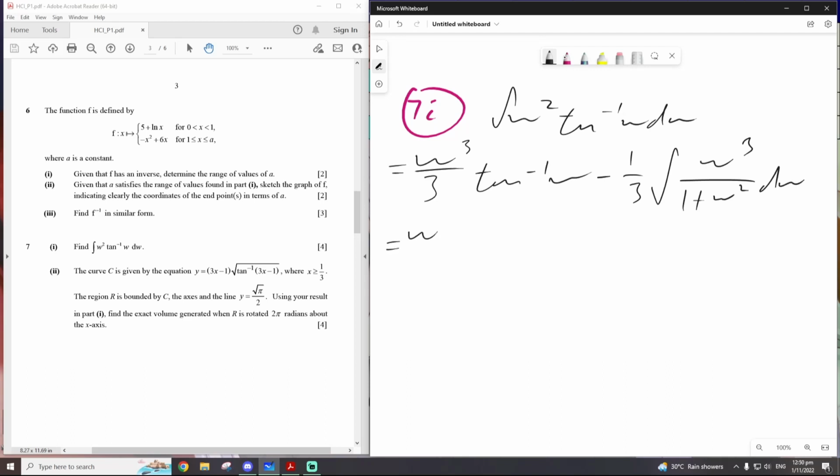Okay. How do we do with that? We will do long division. So add a w and subtract a w. Actually, let me make it a bit less confusing.